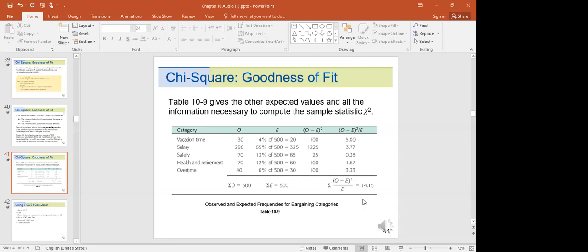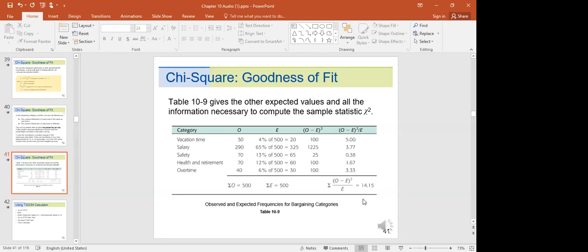Clear values in L1 and L2, and now in L1 you enter the observed values. Are you able to enter the values in L1 and L2?